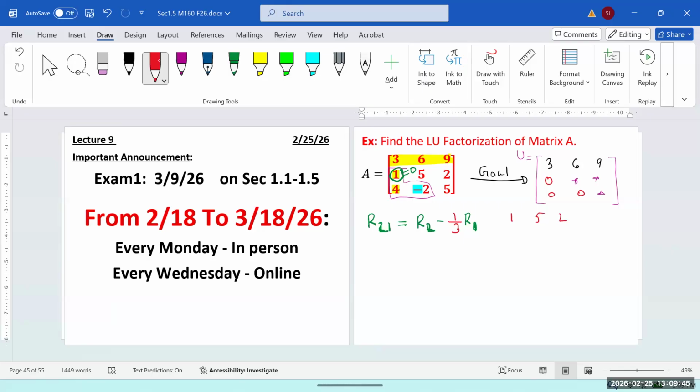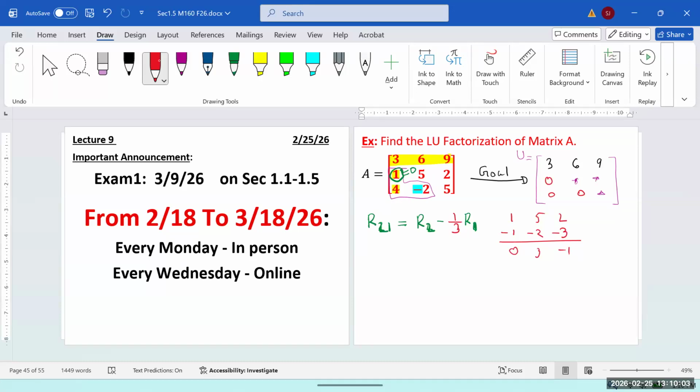So 3 divided by 3 is 1, 6 divided by 3 is 2, 9 divided by 3 is 3. You're subtracting, so all these signs will change. So we get 0, 3, and -1.